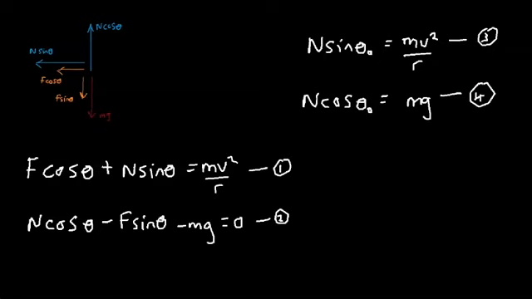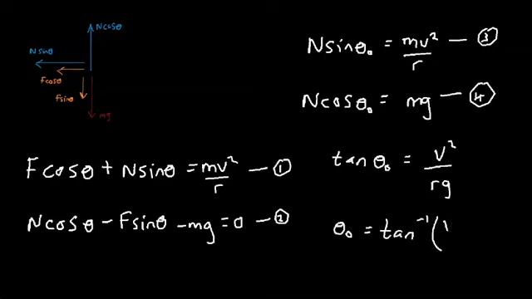Now, if we divide our equation 3 by equation 4, we get tan θ₀ equals v² over rg, where θ₀ is our optimum angle of banking. We can rewrite this equation as θ equals the tan inverse of v² over rg.